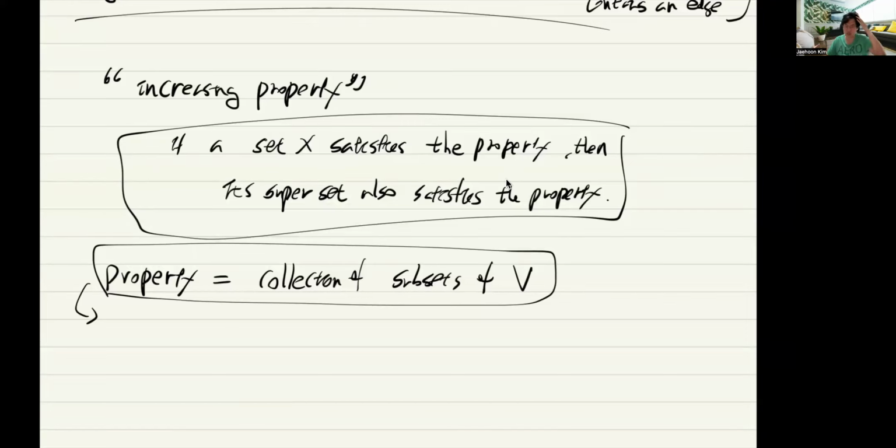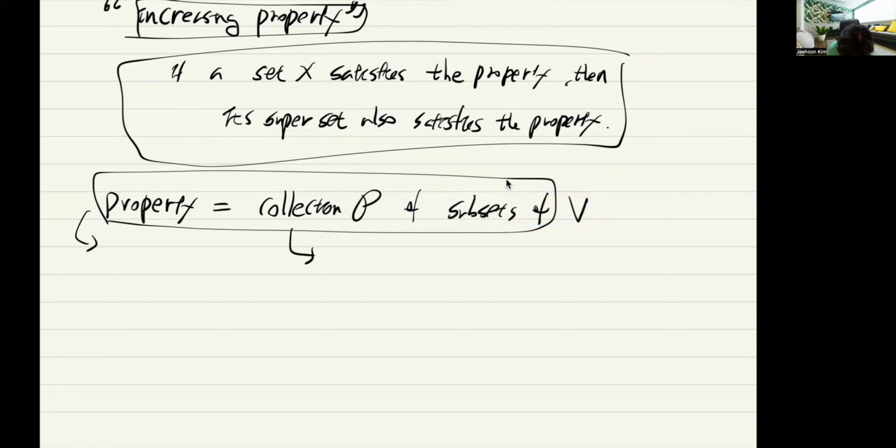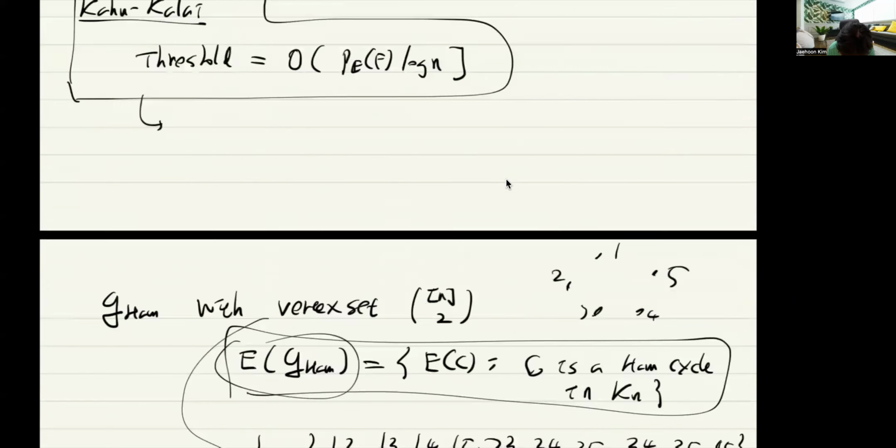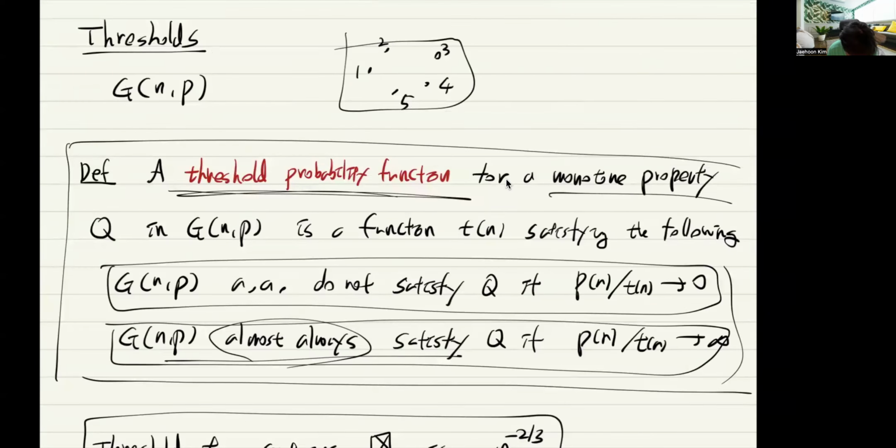In such a case, talking about threshold might get weird, so we consider increasing properties, where the collection, say P, is such that if X is in P and X is a subset of Y, then Y is also in P. So that's the increasing property, same as the monotone property we considered before.